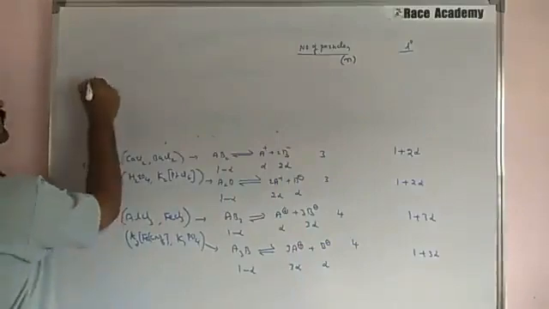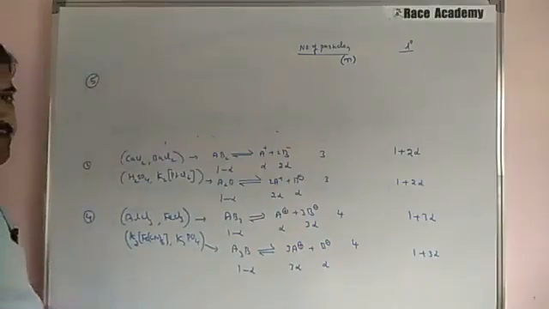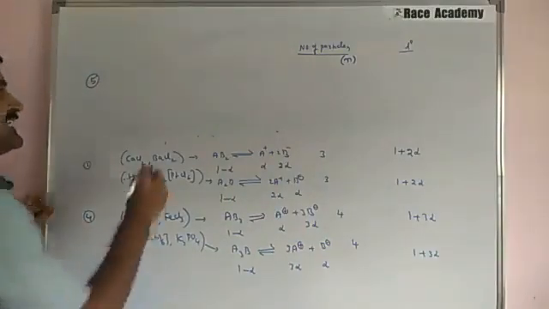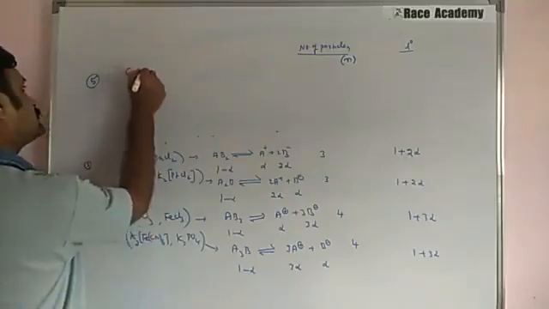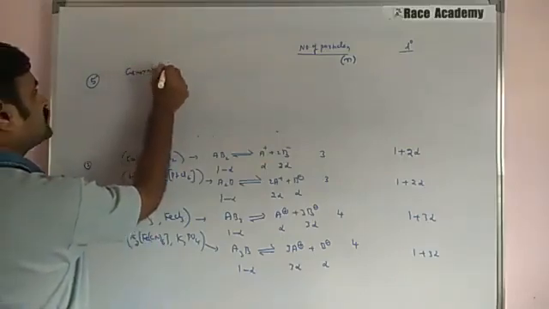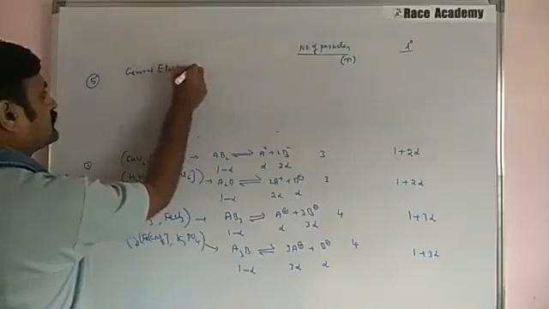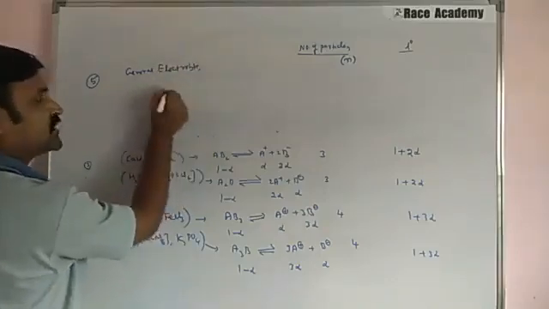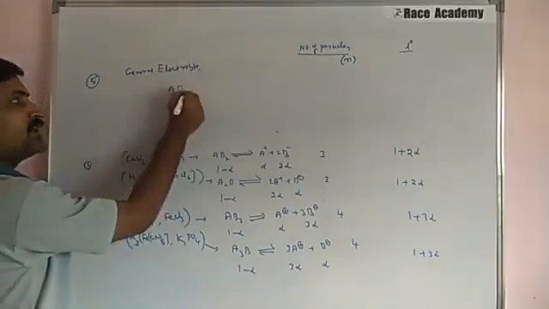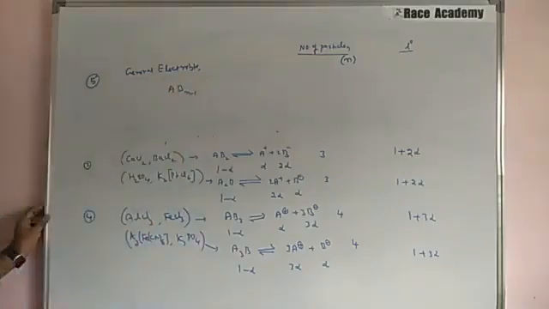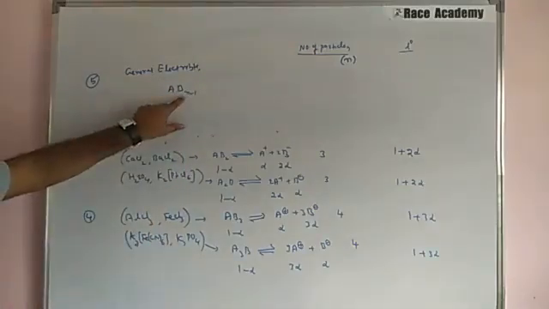So here I am taking a general electrolyte, that is AB(n-1) type.